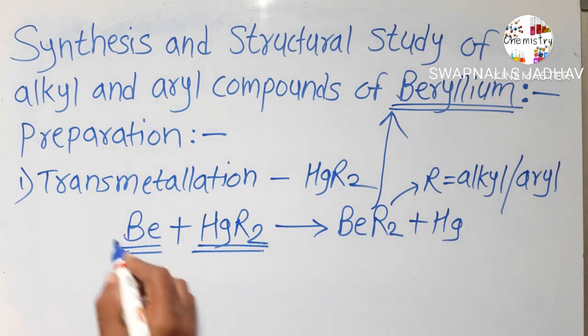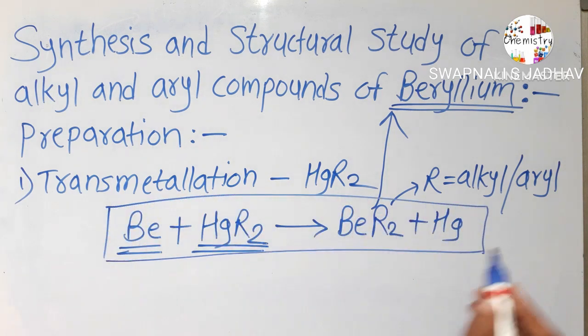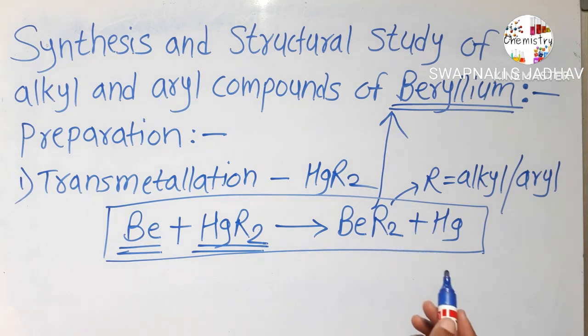This is the general reaction: Be plus HgR2 gives BeR2 plus Hg, that is mercury.